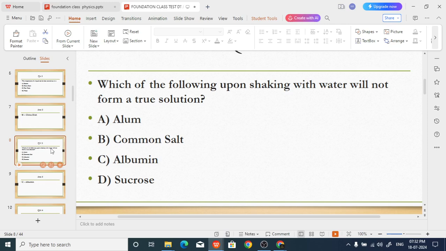See, when shaken with water, salt will form a true solution. Salt will definitely form one.